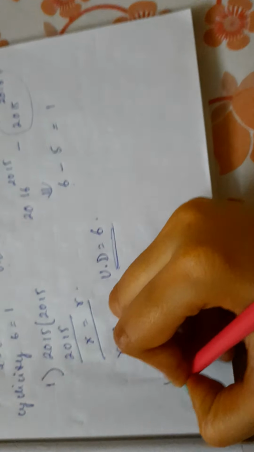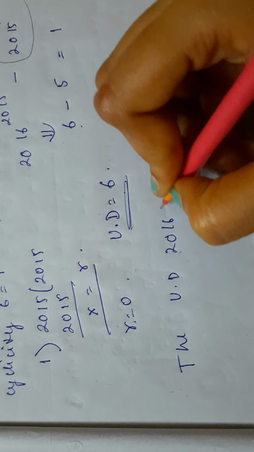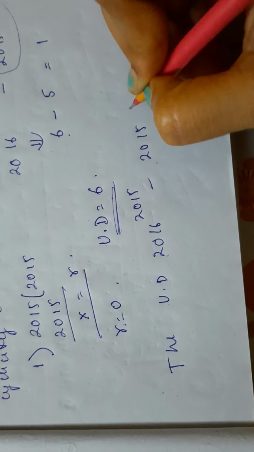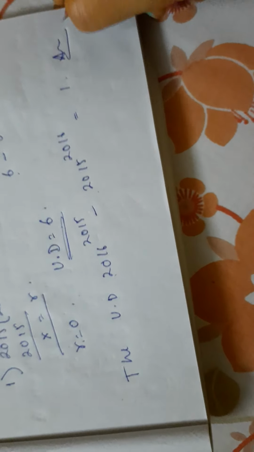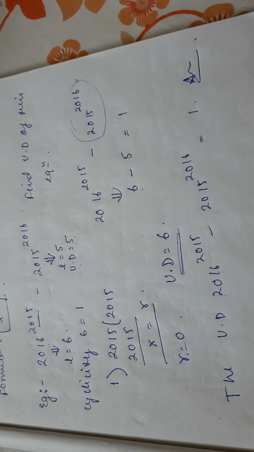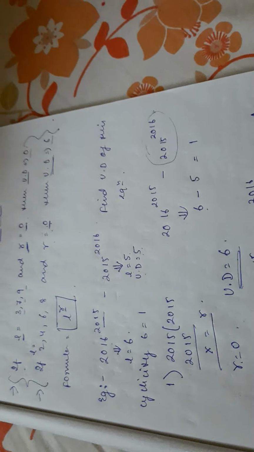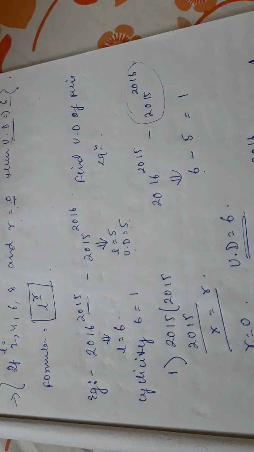So the unit digit of 2016 to the power 2015 minus 2015 to the power 2016 is 1, and this is the answer. I hope you understood whatever I told.